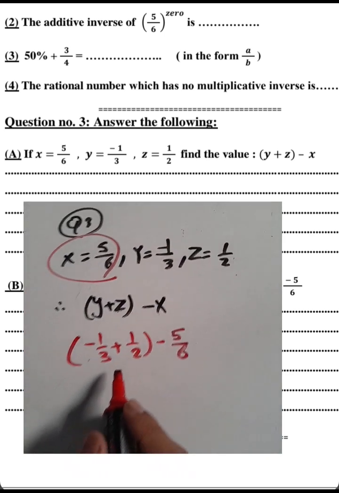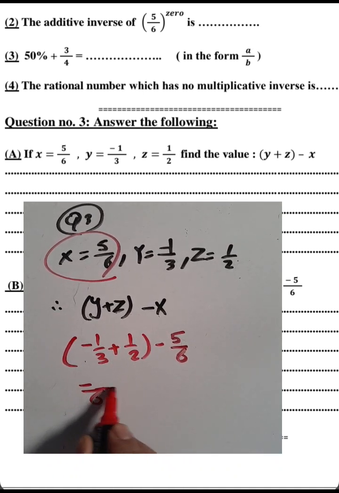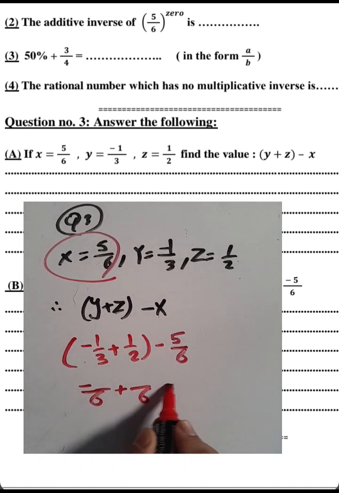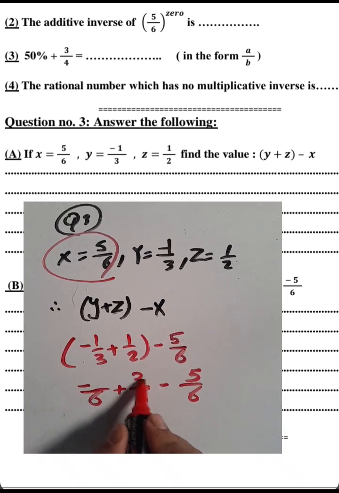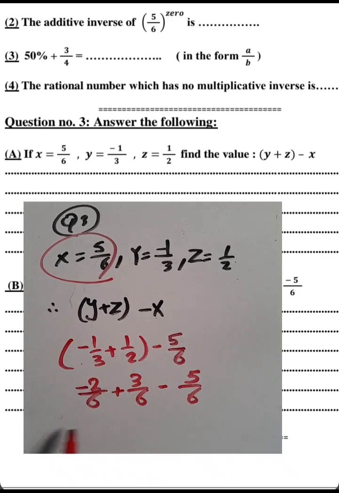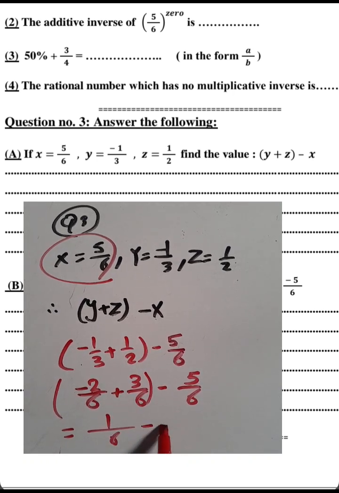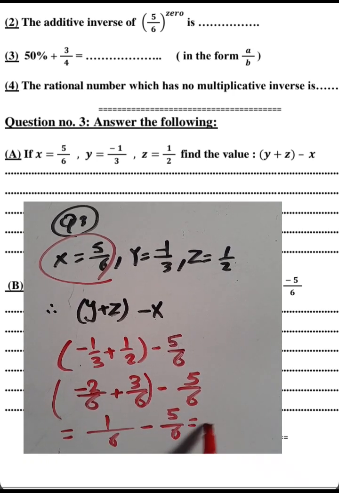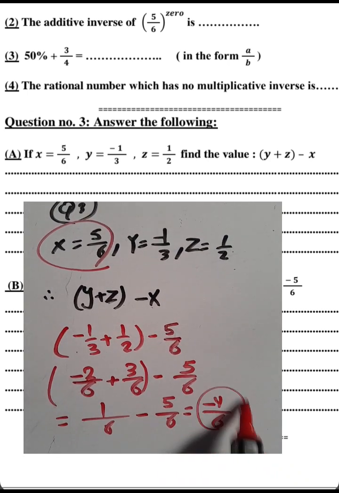Then the least common multiple of the denominators is 6. 2 times 3 equals 6. 1 times 3 equals 3. 2 times 3 equals 6. 2 times 1 equals 2. Then we can use the commutative property to find the result. Negative 2 over 6 plus 3 over 6 is 1 over 6. Subtract 5 over 6. The result will be negative 4 over 6, because 1 minus 5 equals negative 4.